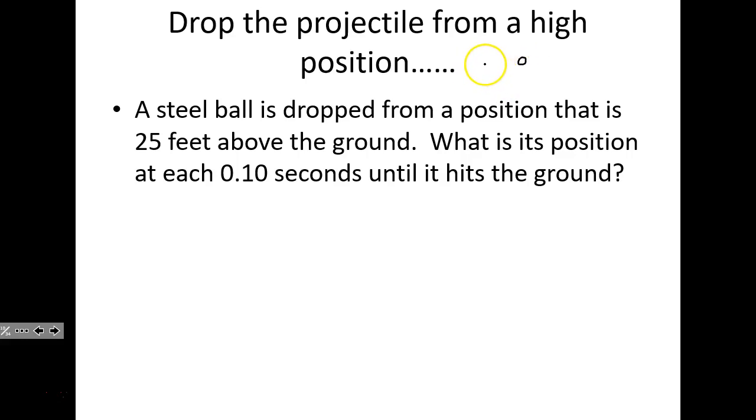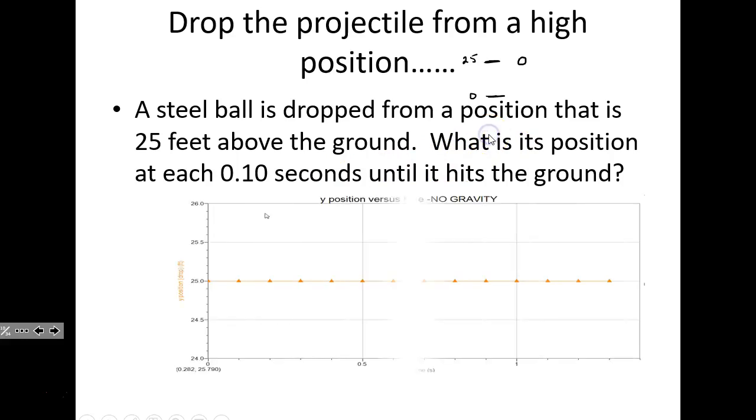At this position, we'll call this 25, and it's going to fall to, actually, this would be the 0 position, and there is no gravity. So what's it going to do? Well, if we drop it and there's no gravity, then the ball's not going to fall. Okay, it just remains in place.